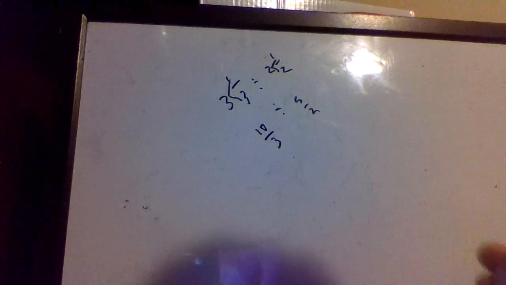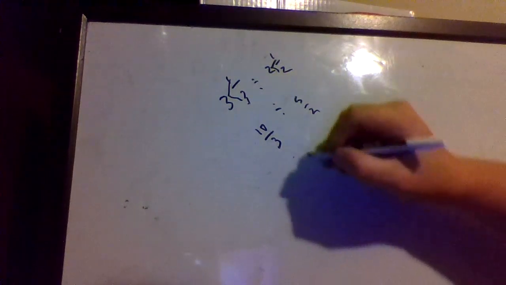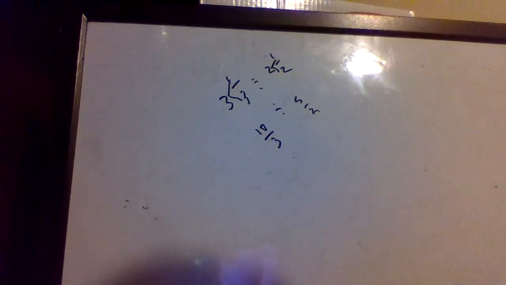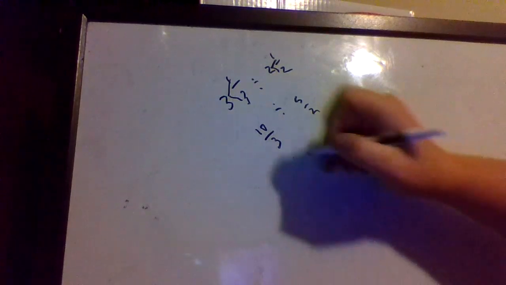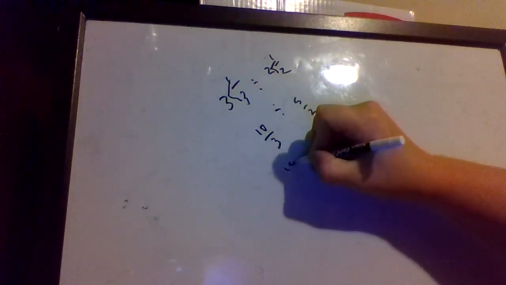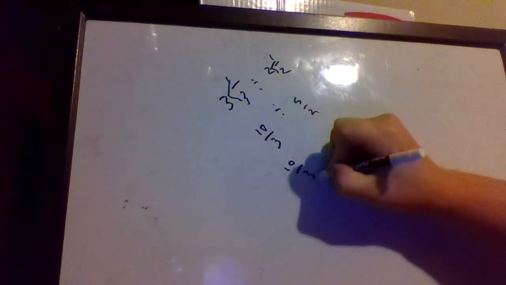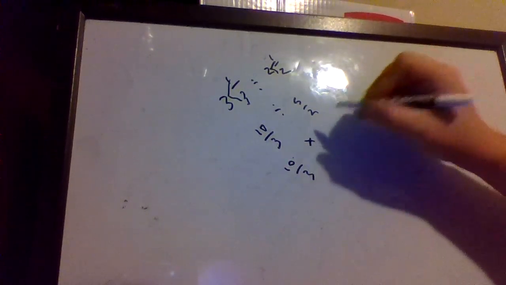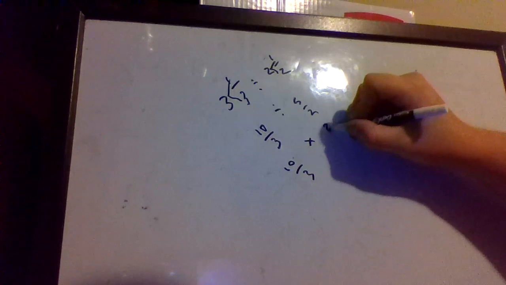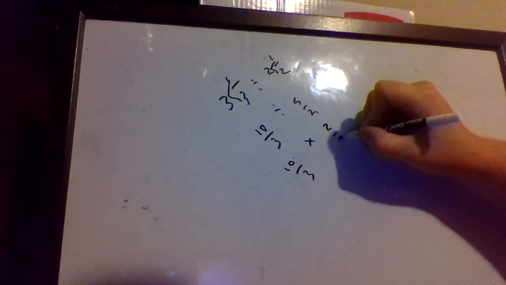I've seen a lot of students skip steps and they end up just confusing themselves. Now we're going to keep, change, flip, because we know that's the action, and then everybody's going to know how we're dividing fractions. So we keep 10 over 3. We change division to multiplication because that's the opposite. And we flip 5 over 2 to 2 over 5.